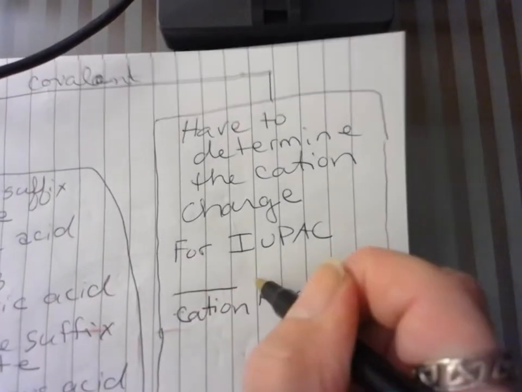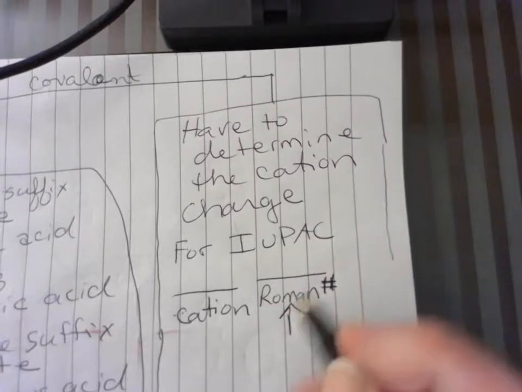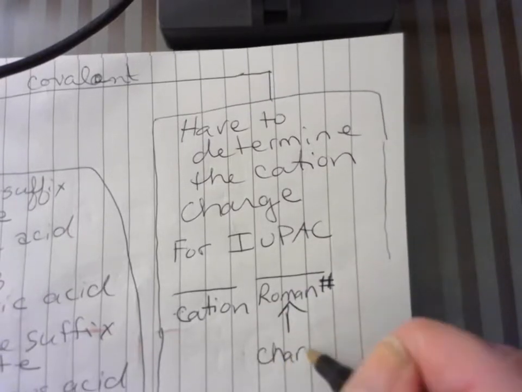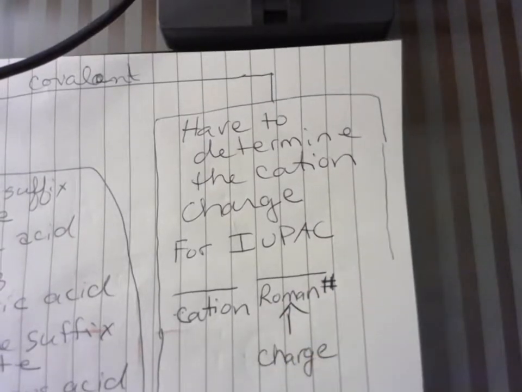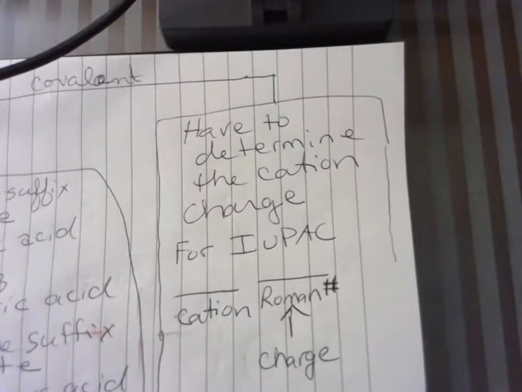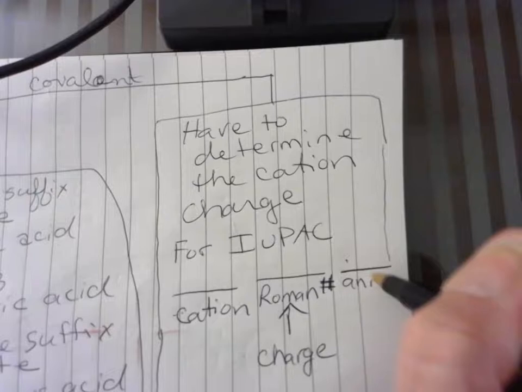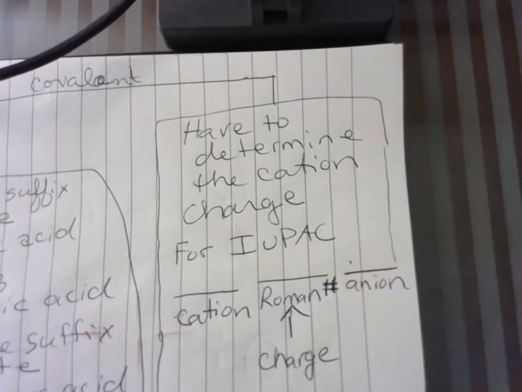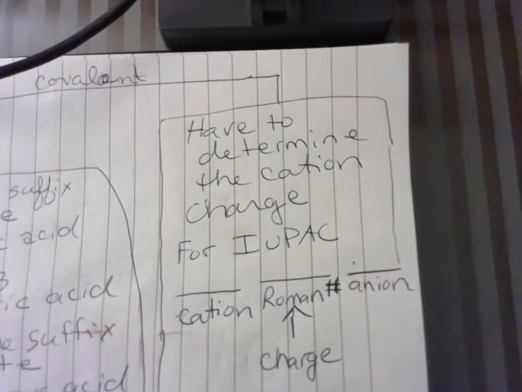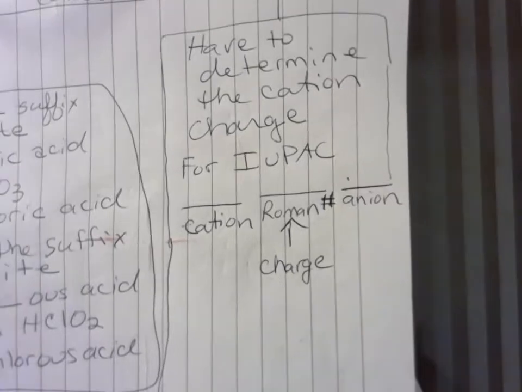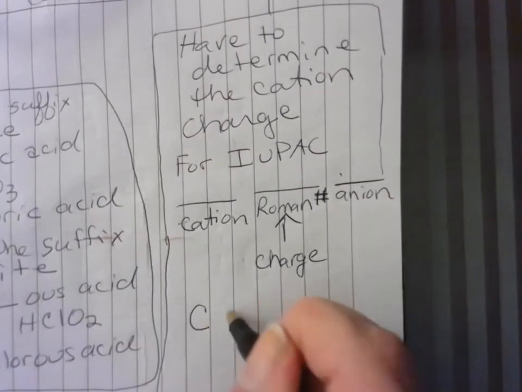And remember, this is your charge, not how many. That's your charge or your oxidation number, not how many. And then you write the anion name. So an example would be CO2.